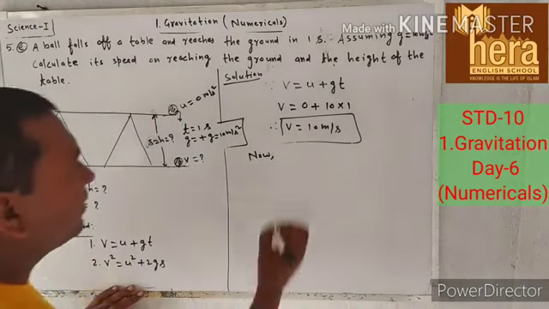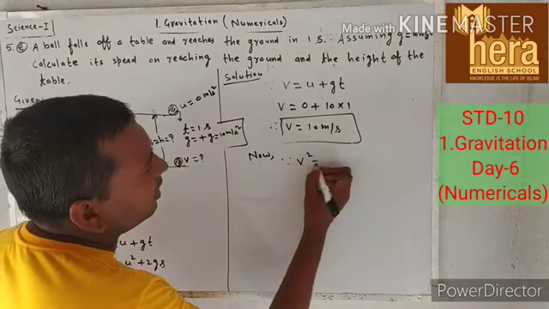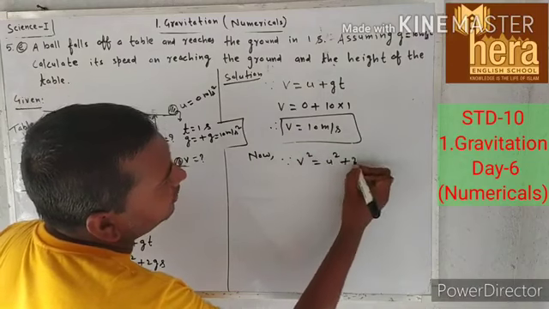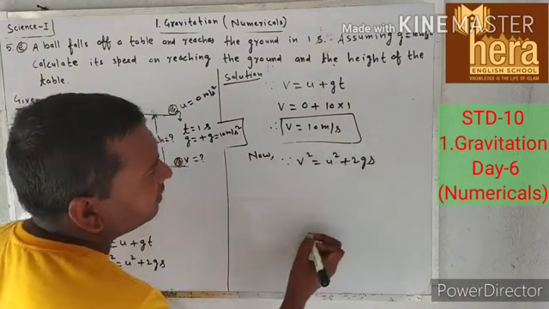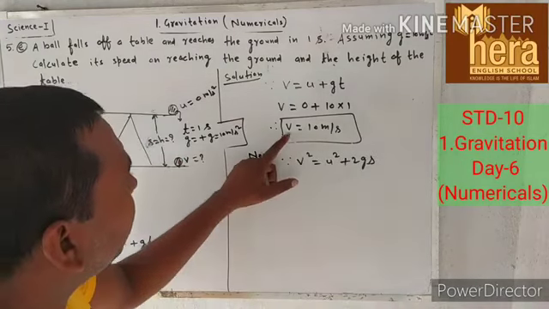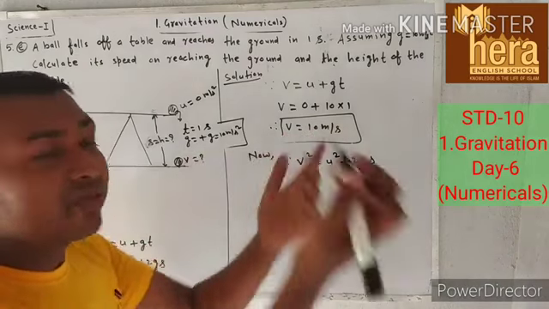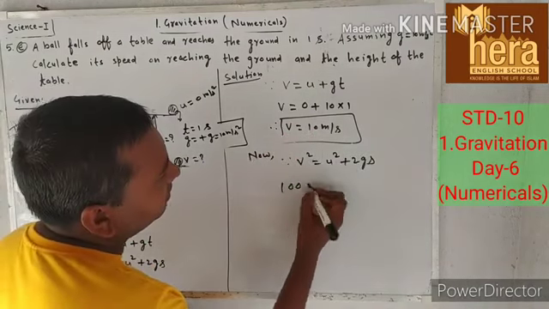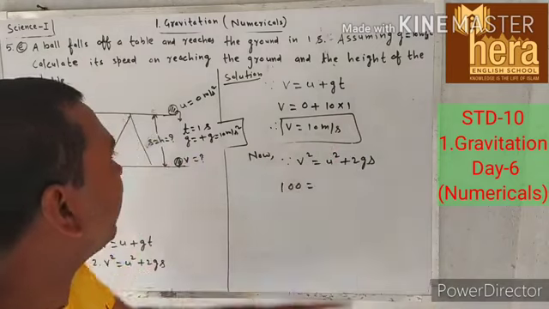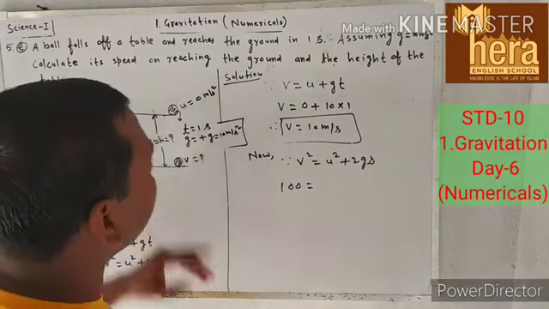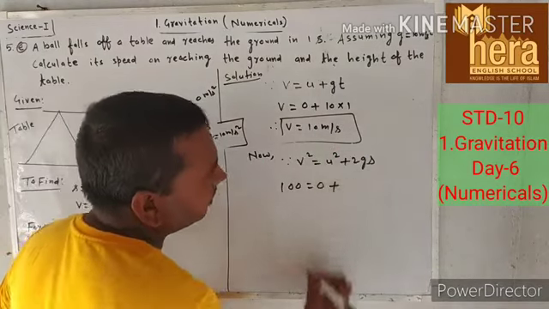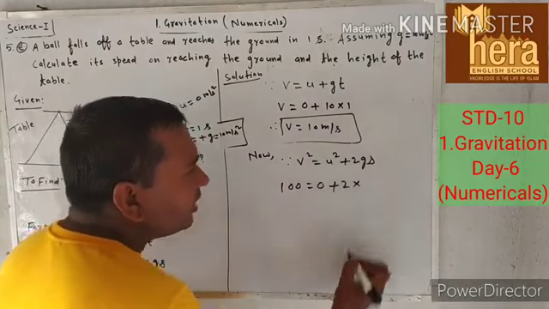Now, since V square is equal to U square plus 2GS, V is 10, square is 100, is equal to U square, U is 0, square means 0, plus 2G.